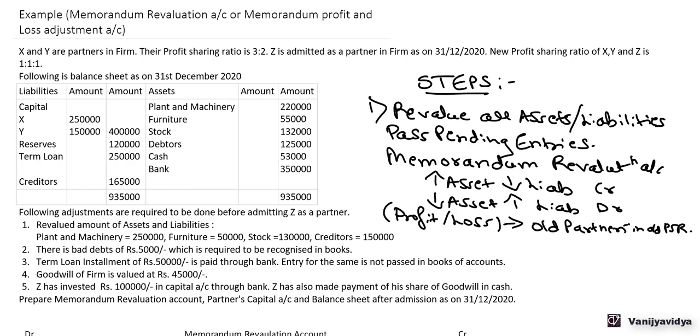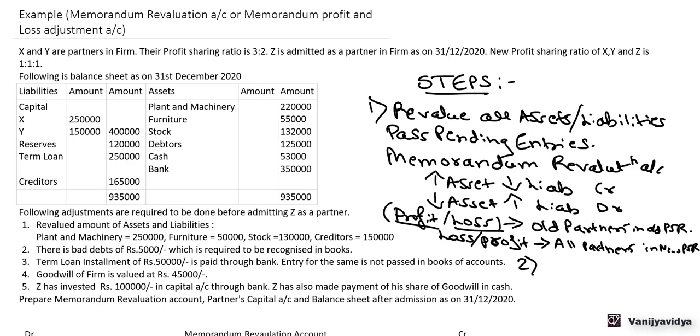If there was a profit earlier, now we will get a loss. If there was a loss earlier, we will get a profit. Now this needs to be distributed among all partners in the new PSR. So this is how we prepare a memorandum revaluation account.